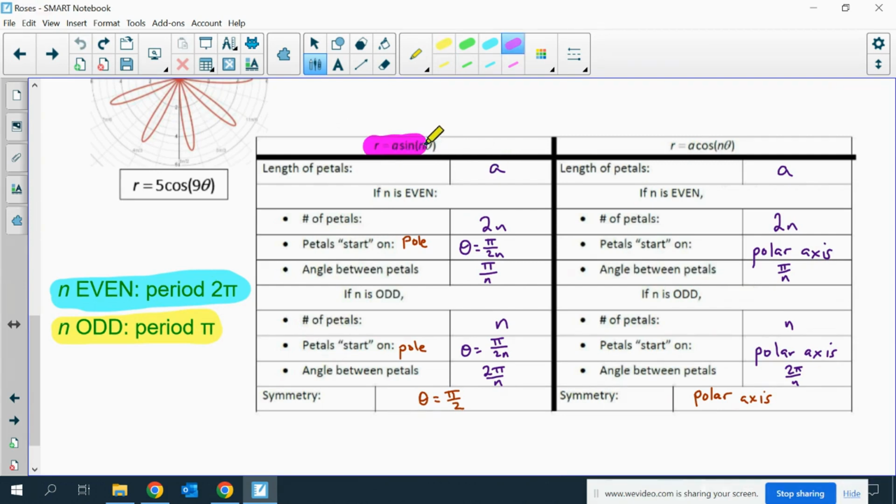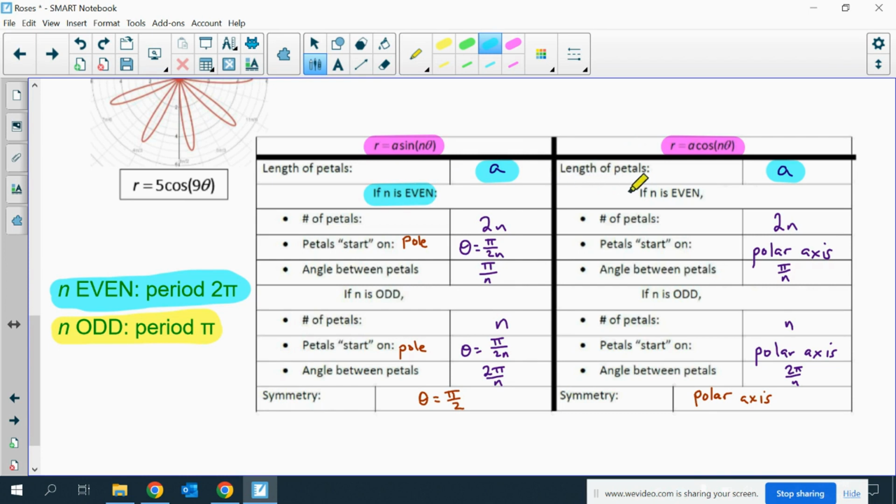In both r equals a sine n theta and r equals a cosine n theta, we have a lot of similarities. So the length of the petals was always the multiplier in front. And then we had a couple different situations, but similarities in both cases.